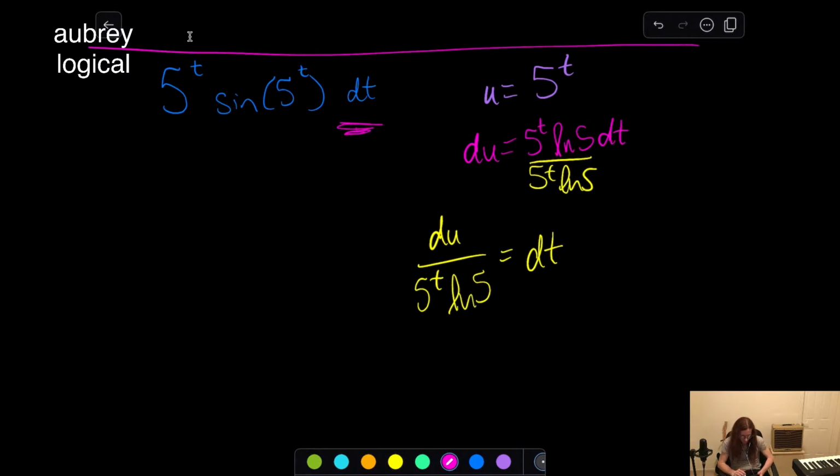Okay, so I thought we were going to switch to u already, but it would make sense that we do not yet. So we are going to rewrite it. And then dt is going to become du over 5 to the t ln of 5.